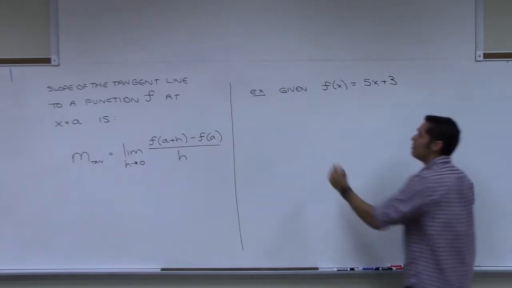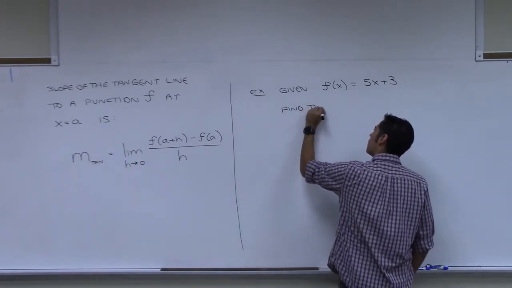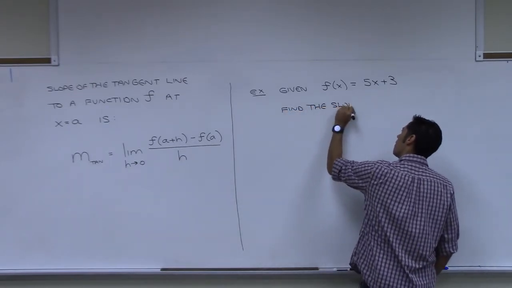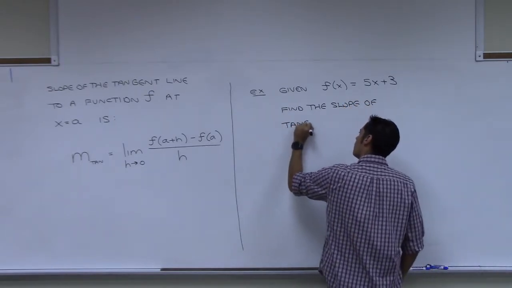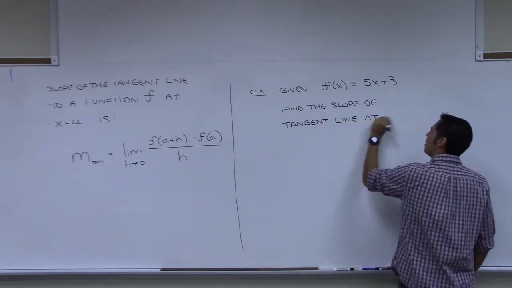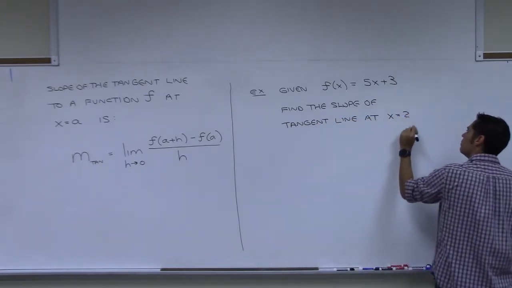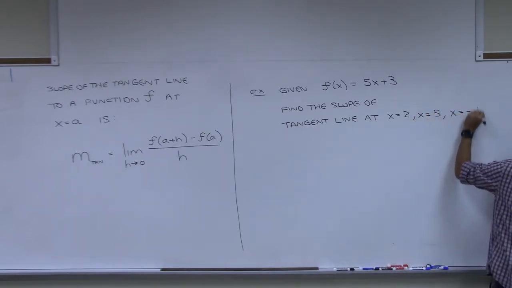I would like for you to find the slope of the tangent line at x equals 2, x equals 5, and x equals -1.